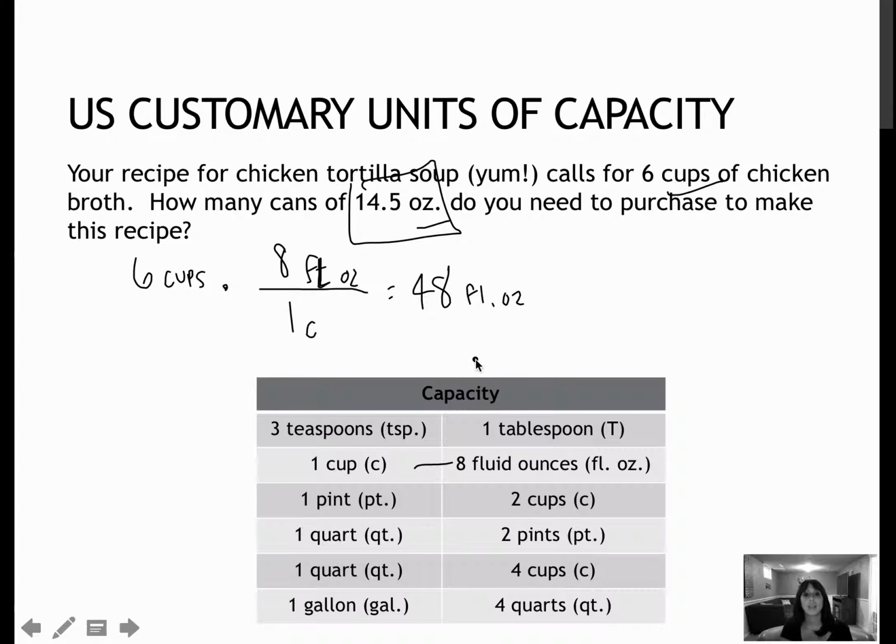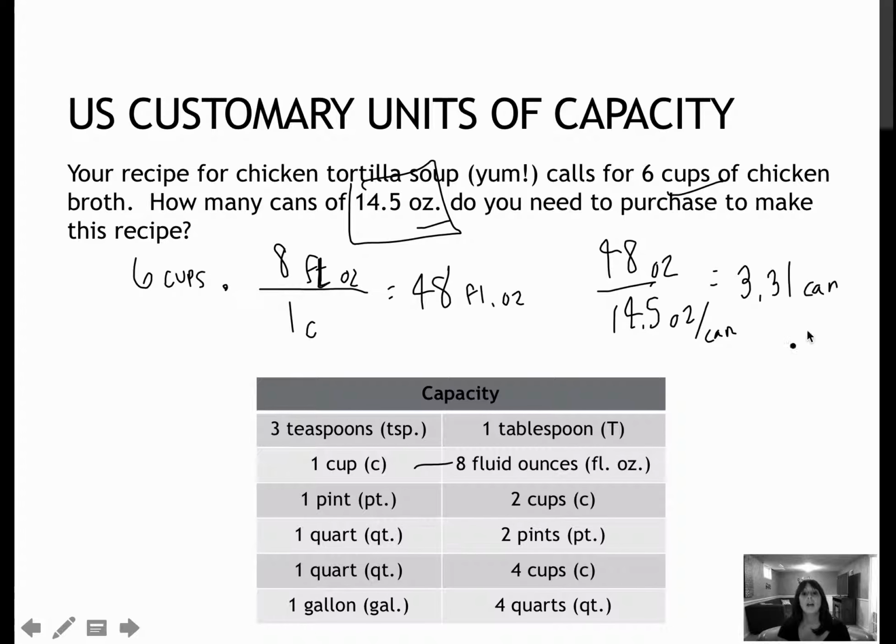I know that each can is 14.5 ounces, so then I'm just going to divide 48 by 14.5 ounces, because they're both ounces. This is ounces per can, so technically my answer will end up in how many cans do I need. Now, if I divide 48 by 14.5, I end up with a decimal, 3.31, etc.